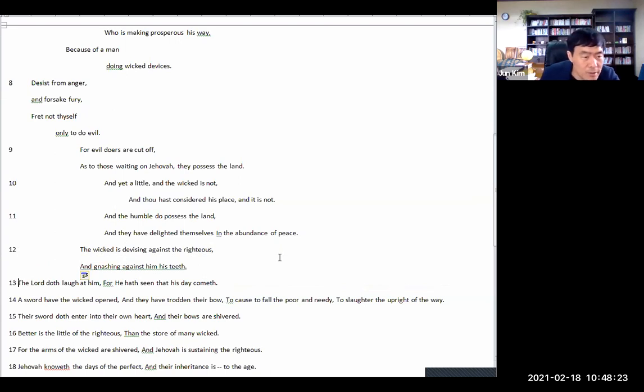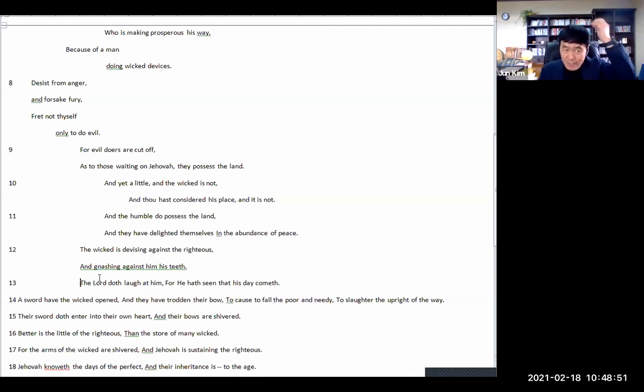What about the Lord laughs at him? Here it still deals with the concept of the reason why we need to desist from anger, forsake fury, fret not thyself. So I think it belongs to the third level, in parallel with the evildoer and those who are waiting for God.